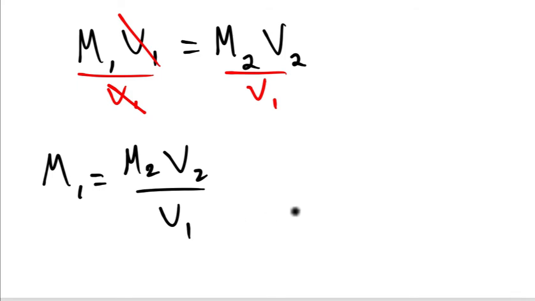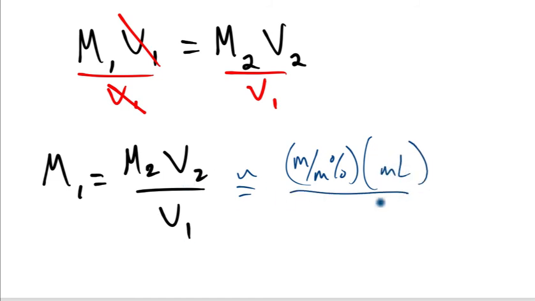Let's just insert some hypothetical units in this expression. Okay, let's say that the M1, and let's just use something a little different. Let's say the mass percent. You may see that in one of these problems. Let's say the V2 volume was in milliliters. And let's say the V1 volume was in liters. That's a problem there.